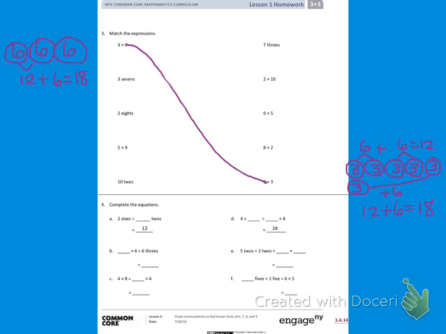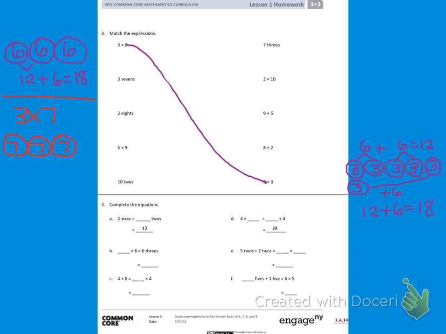Let's take a look at the second one, 3 sevens. 3 sevens is the same thing as saying 3 groups of 7. And that would look like this. 1 group, 2 groups, and 3 groups. With the commutative property of multiplication, I can switch the order of the factors to get the same product.